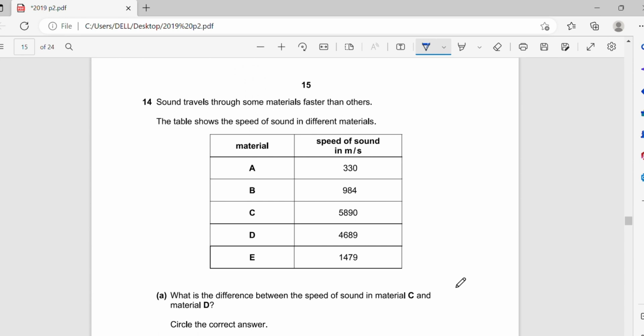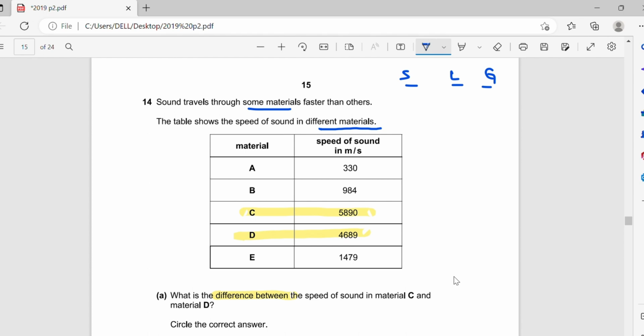Okay. Question 14. Sound travels through some materials faster than others. احنا عندنا الماتيريالز بيبقوا either it's a solid or a liquid or a gas, with sound travels through these different materials. The table shows the speed of sound in different materials A to E. What's the difference between the speed of sound in material C and D? نبص على material C وماتيريال D. ايه هو الديفرنس ما بينهم؟ أنا عندي هنا الفاليو 5890 والفاليو هنا 4689.